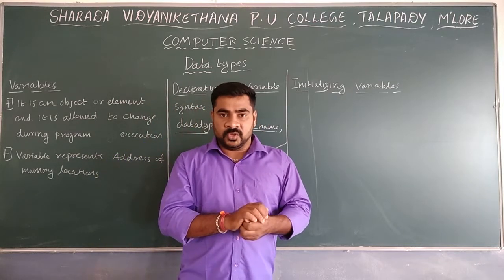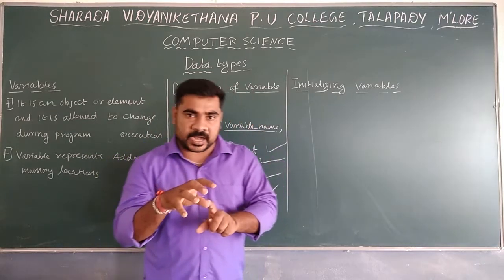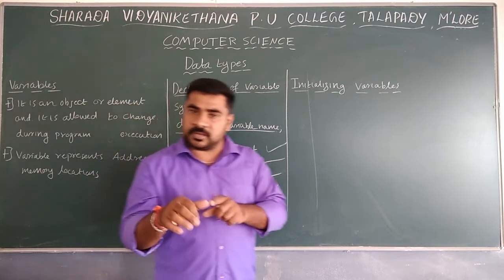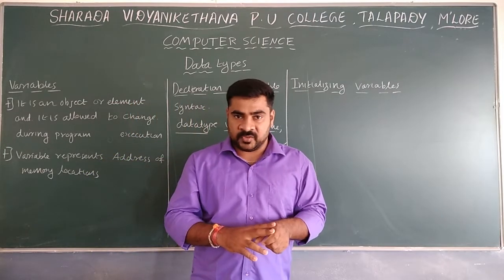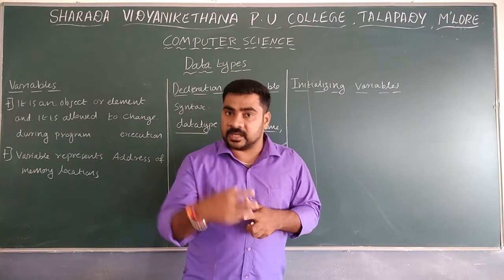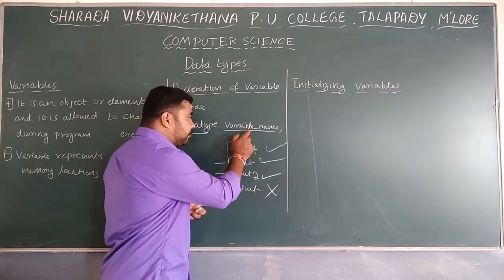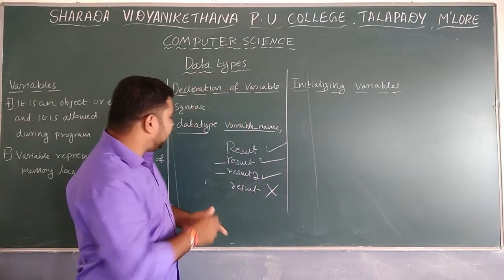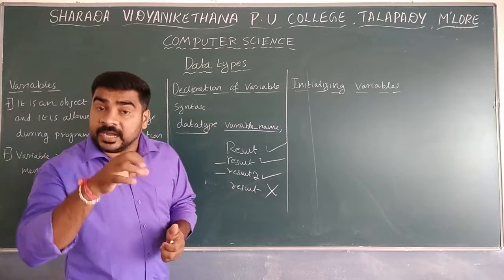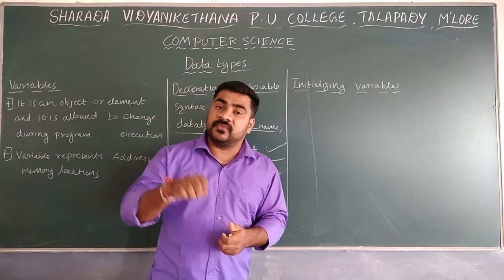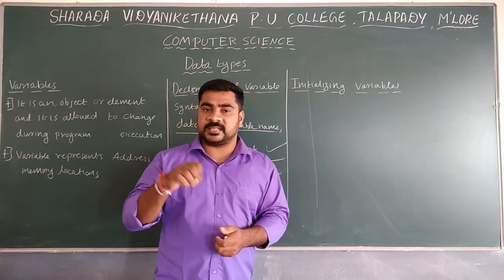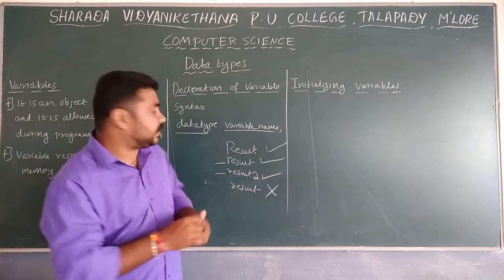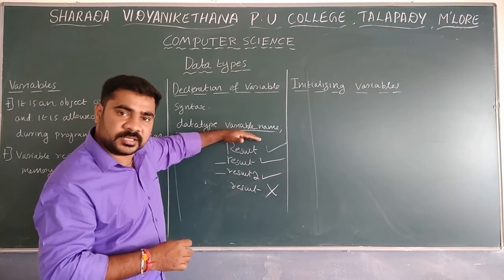Sometimes you can store characters, sometimes numbers, or some other things. So whenever you store data, you have to specify which type of data it is, by specifying the data type. That is the data type.